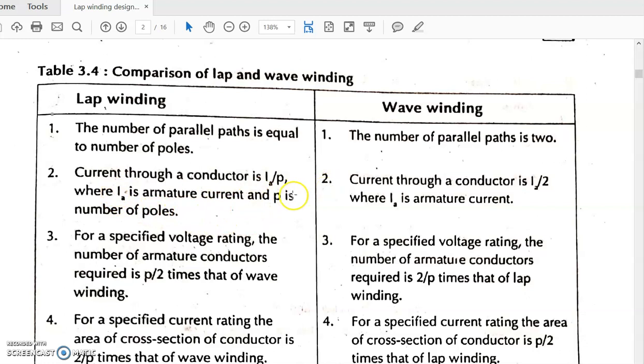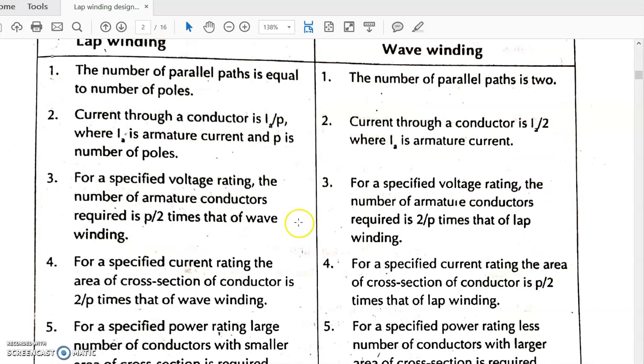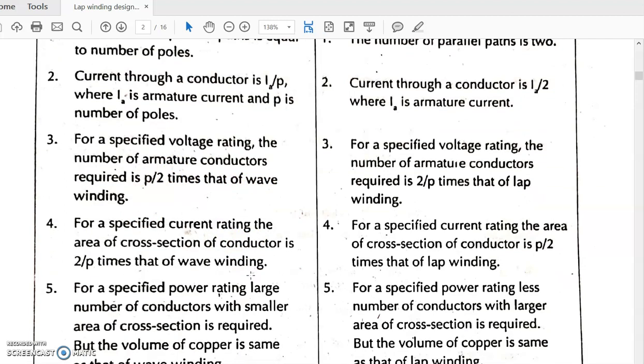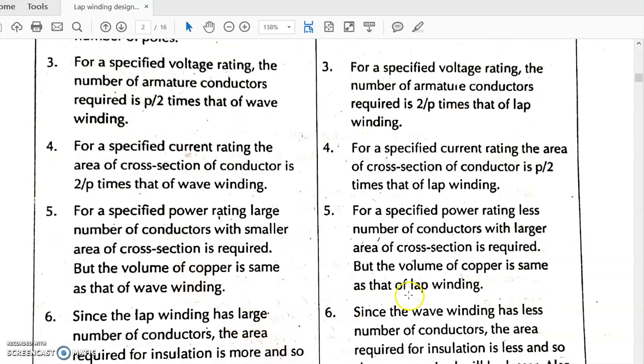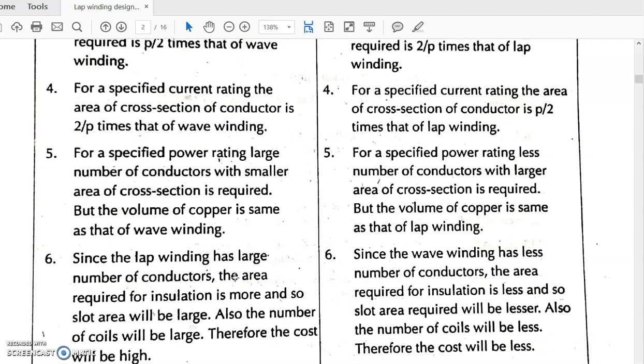So current per parallel path is IA by P in a lap winding, and it is IA by 2 in a wave winding. The voltage rating of the lap winding will be P by 2 times that of the wave winding, and the cross sectional area of the conductor is 2 by P times that of the wave winding. But the volume of copper will be the same in both lap winding and wave winding.